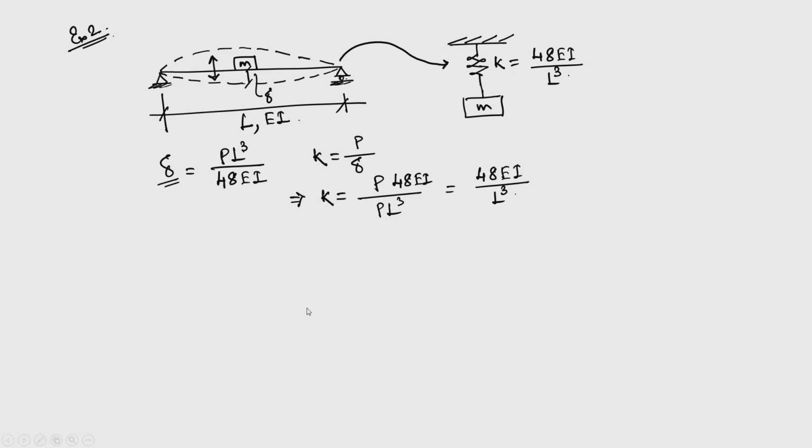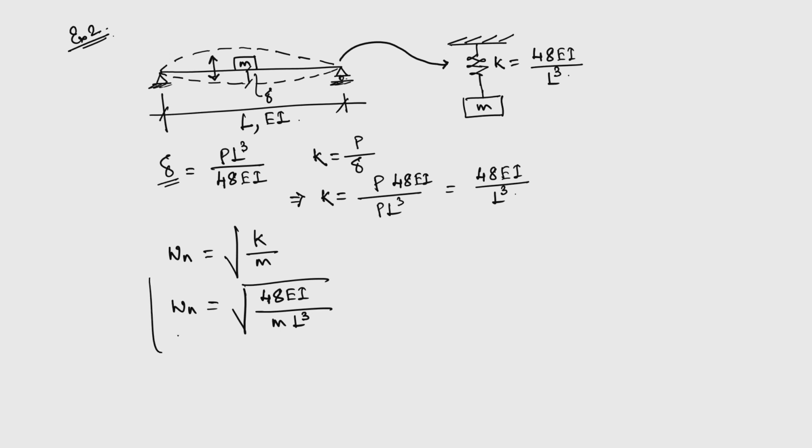Now, if we find out what omega n is, this is square root of K divided by m. So, we know the expression for the spring constant, then we can find out the expression for omega n in this case. It will be square root of 48 EI divided by m times L cube. So, that is the omega n, and with this omega n, the beam will vibrate in the vertical direction.